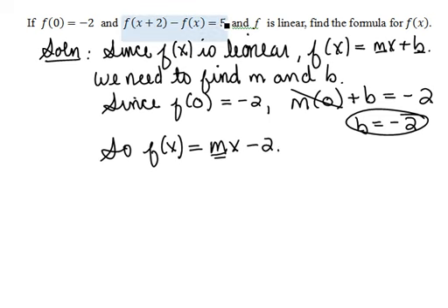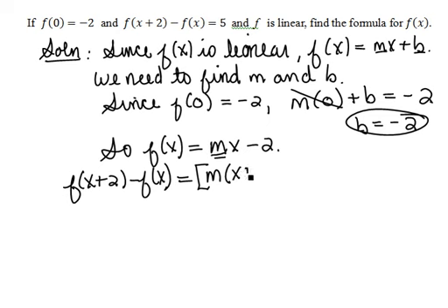So let's use this other piece of information, f of x plus 2 minus f of x. Using the formula that we have so far, f of x plus 2 is m times the quantity x plus 2, minus 2, minus f of x, which is mx minus 2.